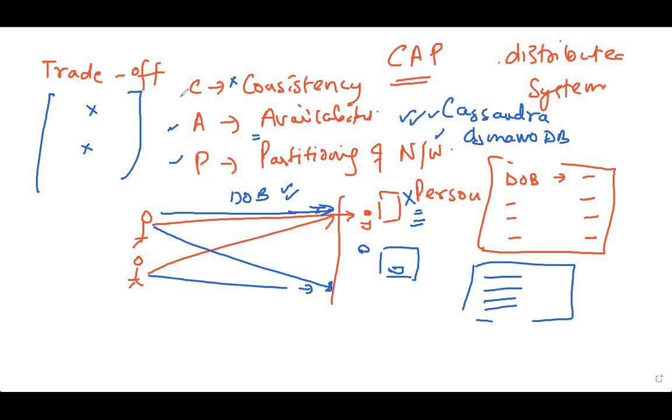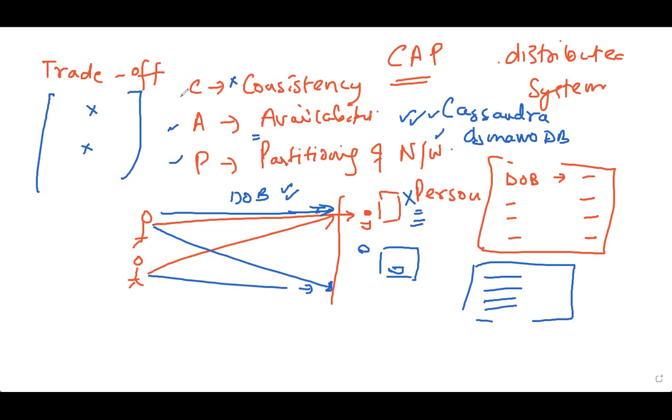There is a concept called eventual consistency. Eventual consistency means that even though the system is not consistent at a certain point in time, with one data server having some data and another having different data, they will eventually converge to one copy of data.